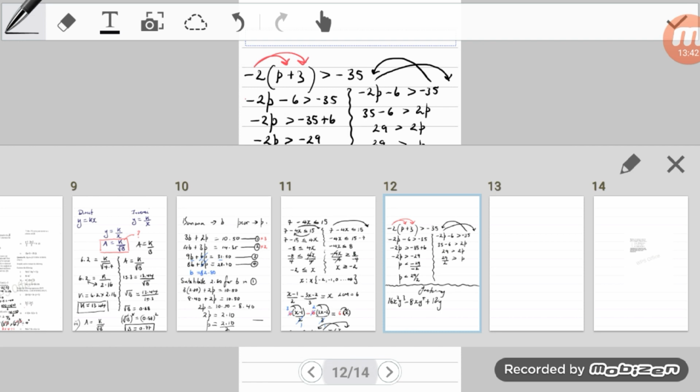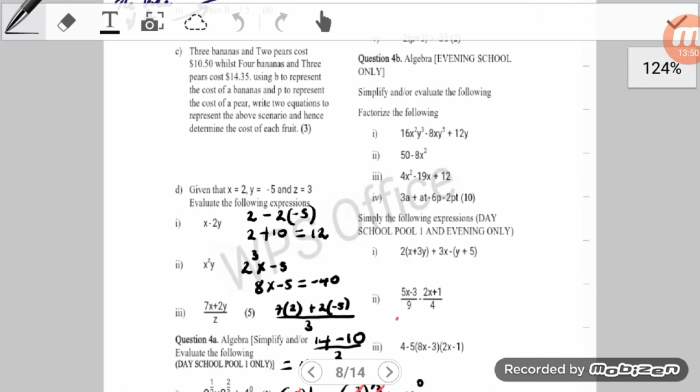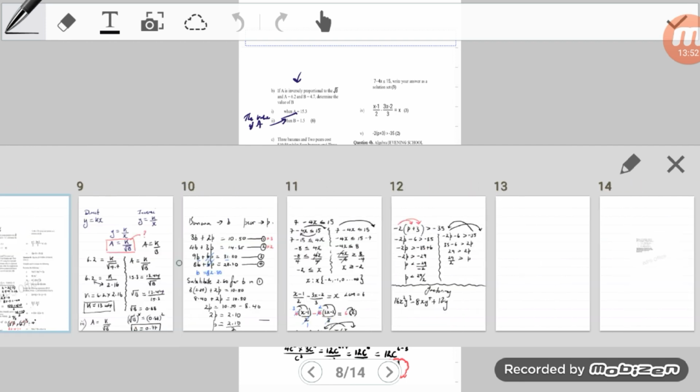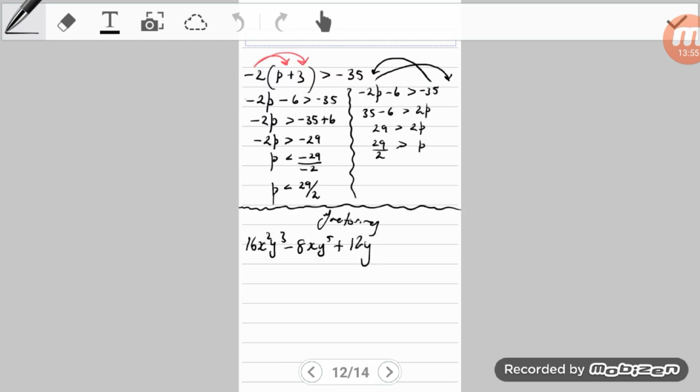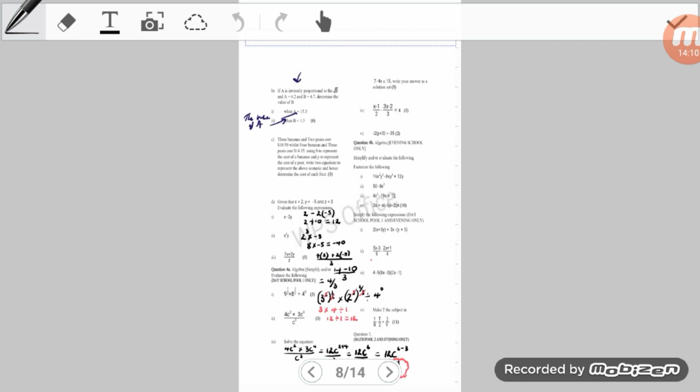Just to be close, let me rewrite the remaining questions on the same page. Let's do a little bit of transfer here. So 50 take away 8x squared. I believe the other one was 4x squared minus 19x plus 12.